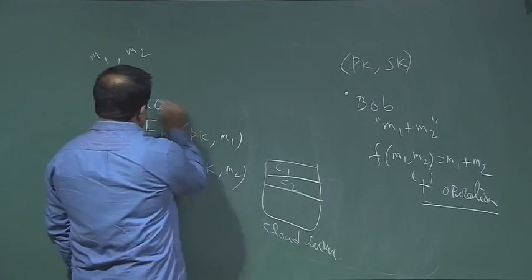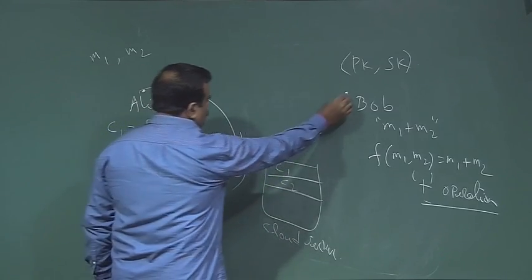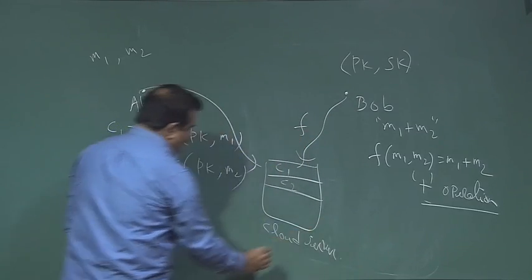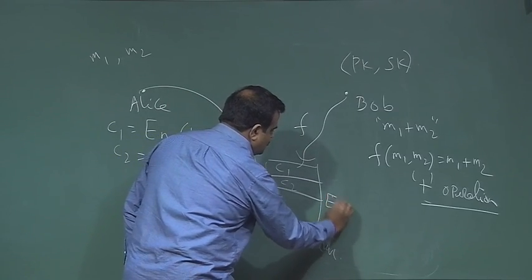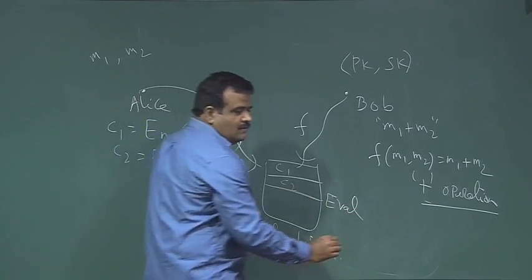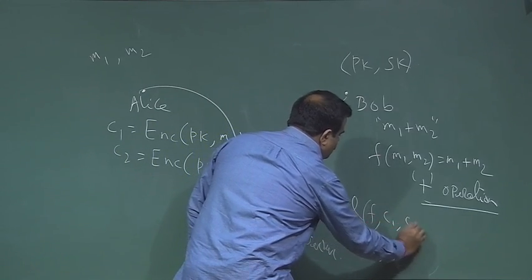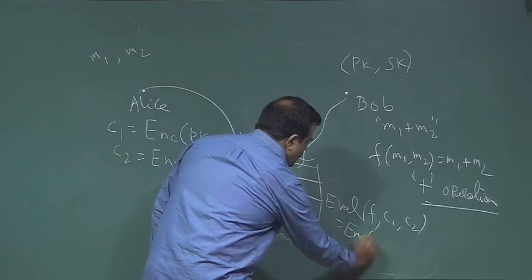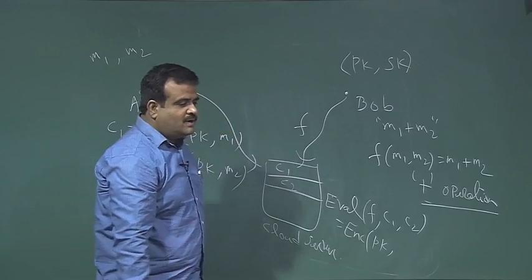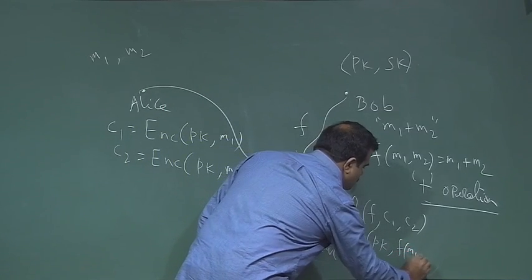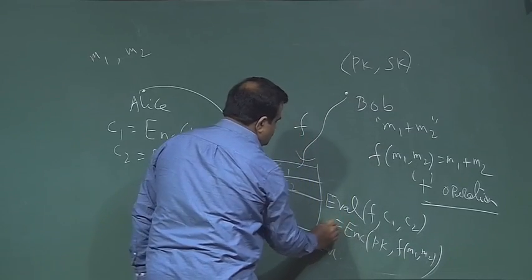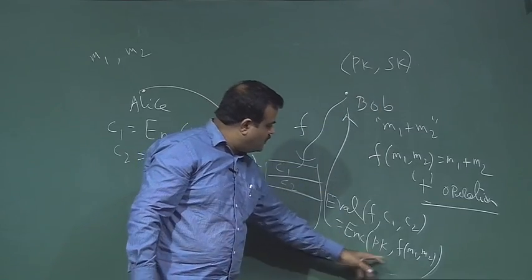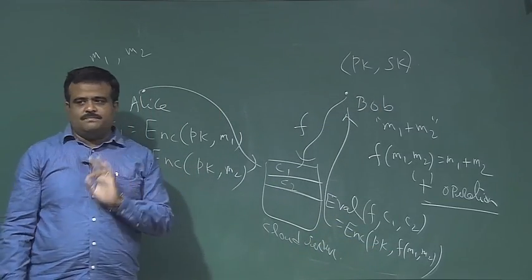So Bob sends this f, which is the plus operation, to the cloud server. Now the cloud should be able to apply some Eval operation on C1, C2 and get the encrypted version of f of M1, M2, and then the cloud will send this to Bob, and Bob, having the corresponding secret key, will decrypt it and get M1 plus M2. So this is simply the plus operation.